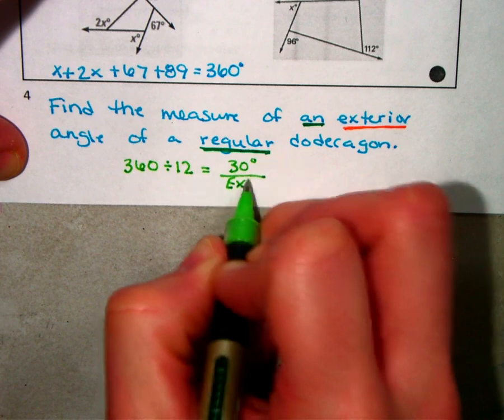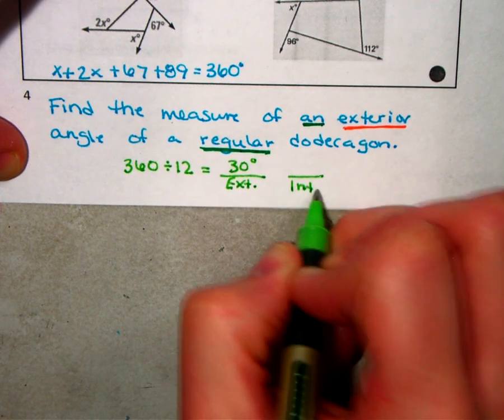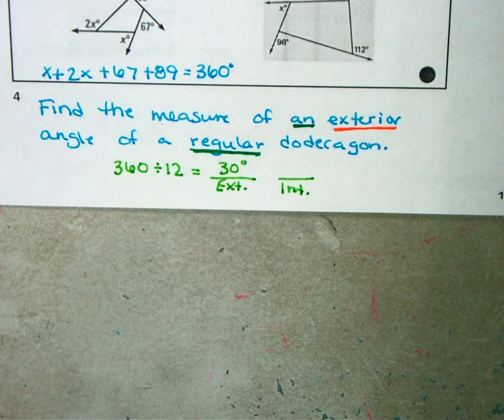So 30 degrees is the exterior. If the exterior is 30, what would the interior be? Go, Jackson. 150. 150, right? Because they should be supplementary. They should add up to 180.